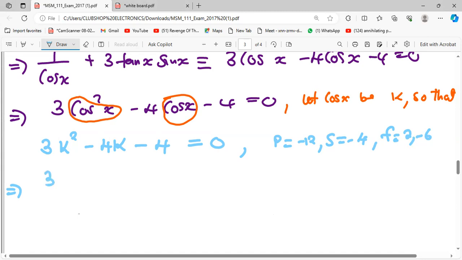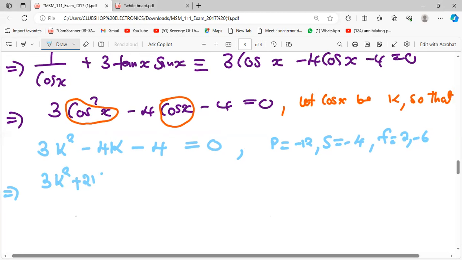So we have 3k squared plus 2k minus 6k minus 4 equal to 0. So we solve for k.